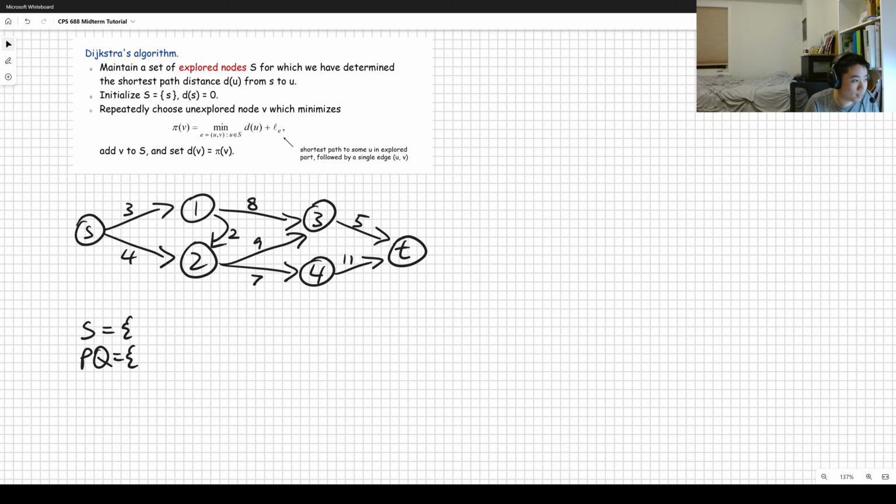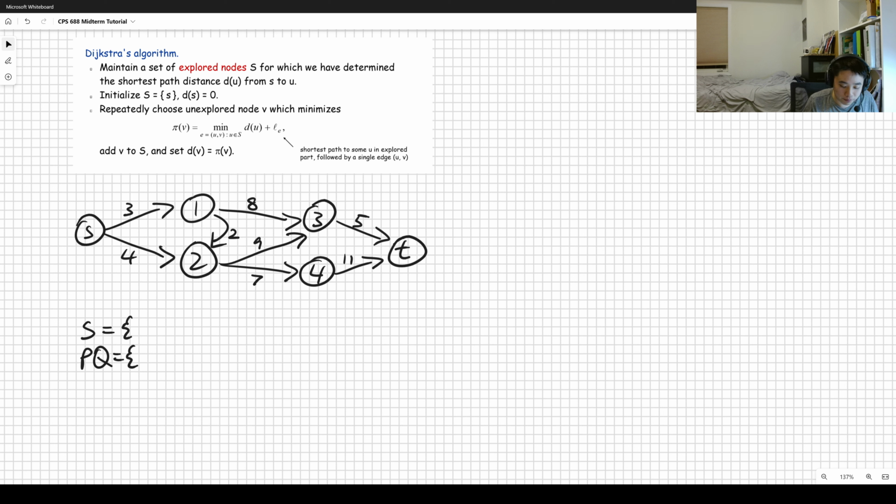The way I'm going to write this priority queue is not in the order of smallest cost, but we will pick them out in that order.